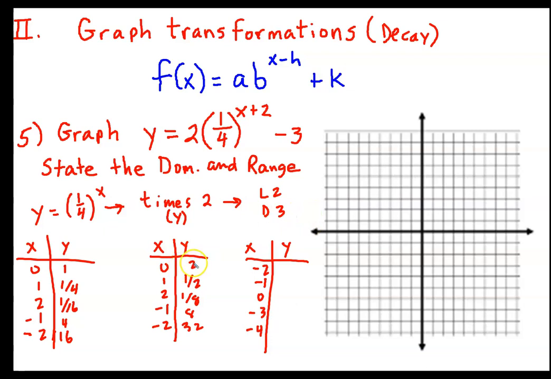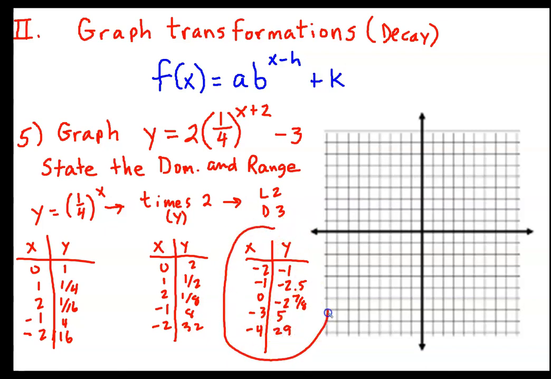And I subtract 3 from the y's to do down 3. 2 minus 3, negative 1. 1 half minus 3, negative 2 and a half. 1/8 minus 3, negative 2 and 7/8. Let's do that in fraction form. All right, 8 minus 3 is 5, and 32 minus 3, 29.